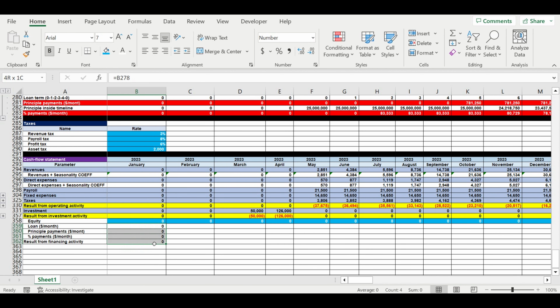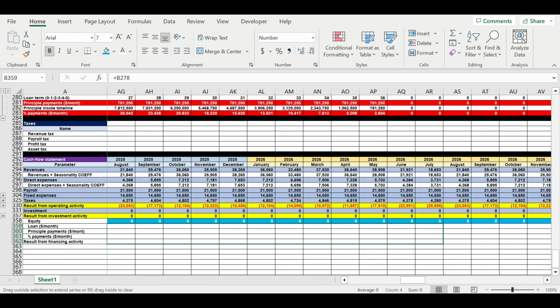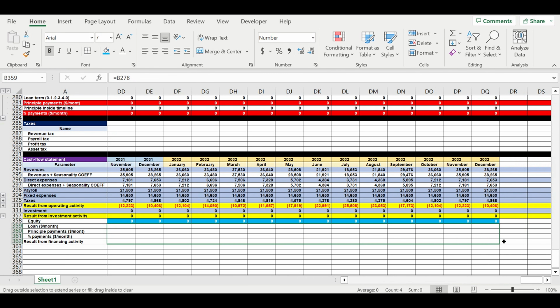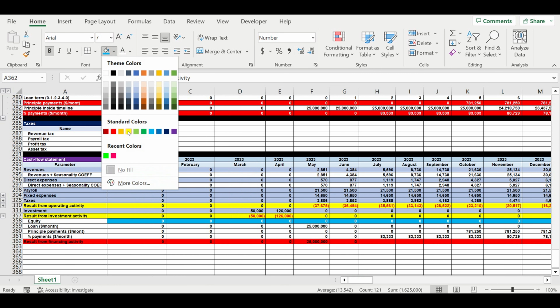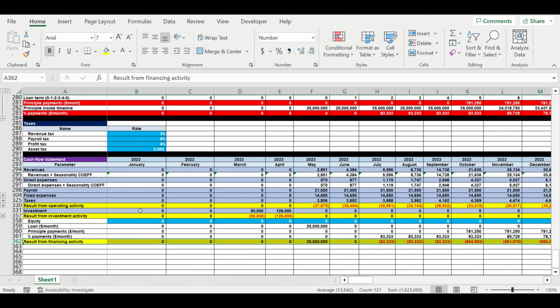Then I'm extrapolating this formula to the right. Then I will highlight it with yellow because it is the third part of our cash flow statement.